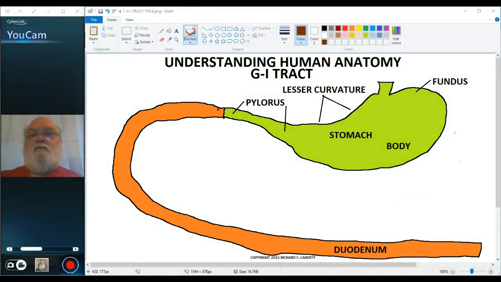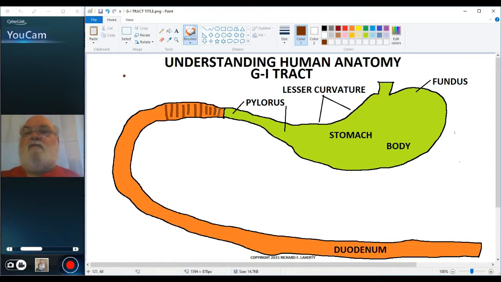Now, if we were to cut the duodenum open lengthwise, what we'd find is that its inner surface has circular ridges running along, as I'm trying to indicate with these lines. These are the plicae circularis.